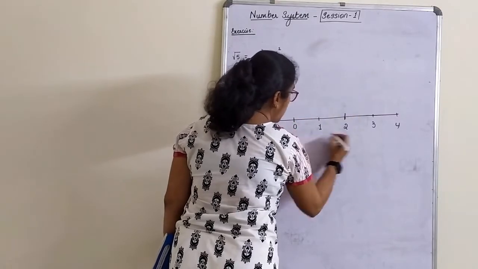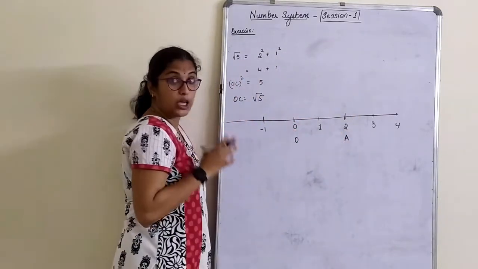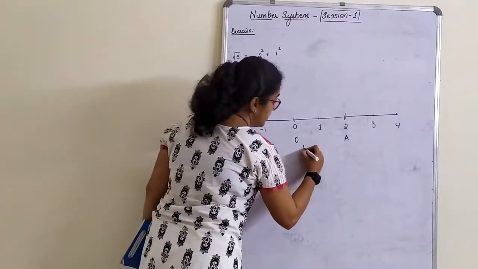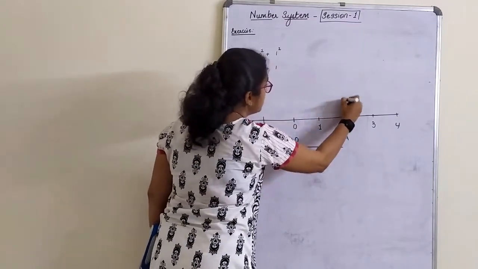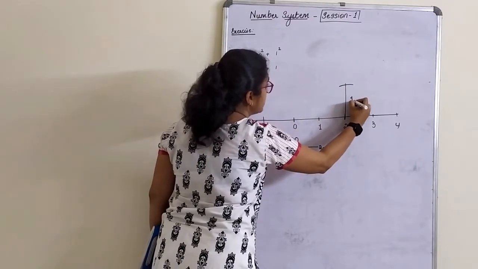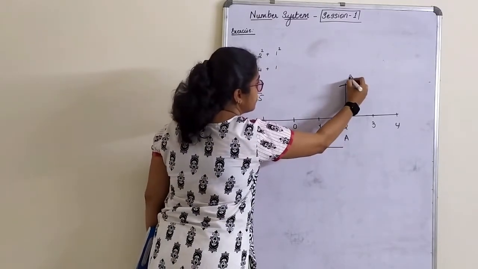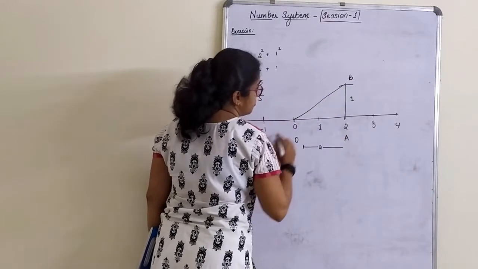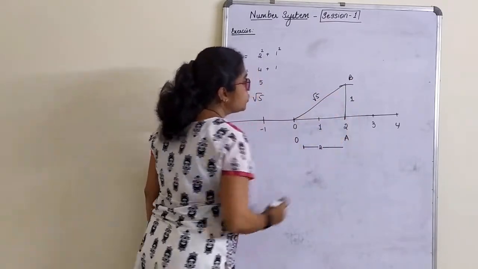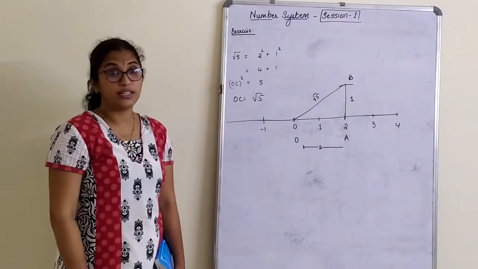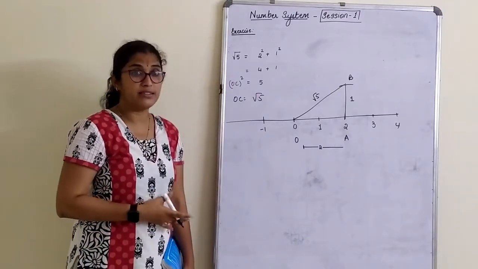This is my O and this is my A. OA is 2, right? Then OB at 1 unit I will cut. So this OB is nothing but root 5, which is 2 and 1. Got the trick here? You can just do it in one instant.